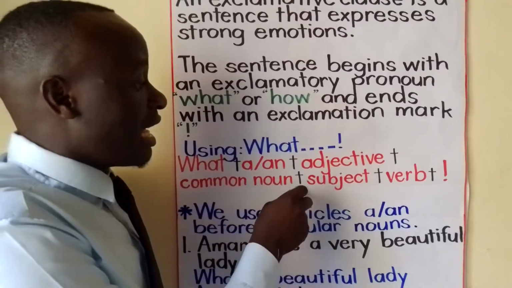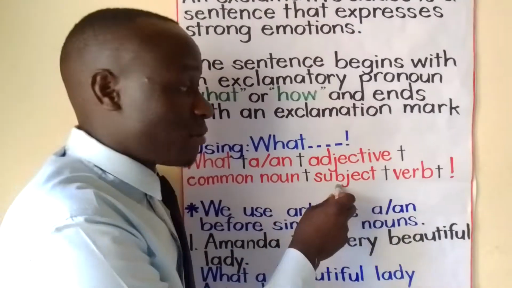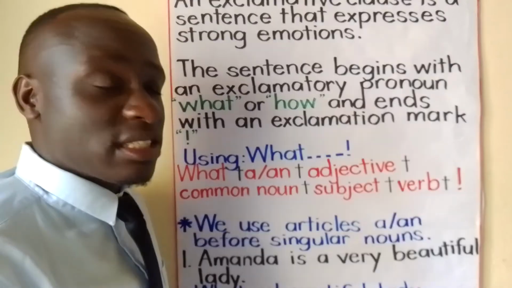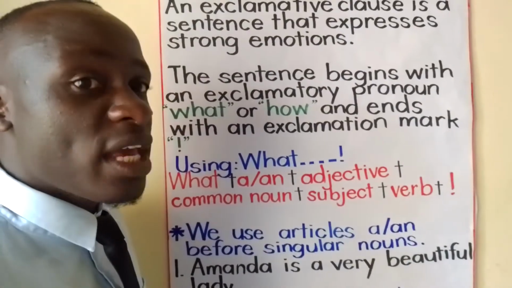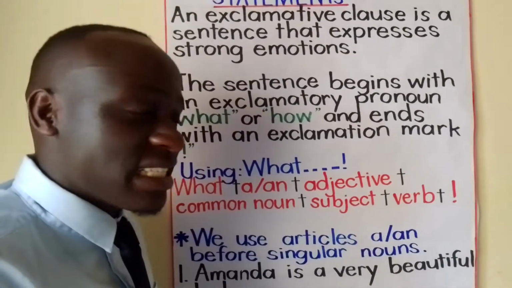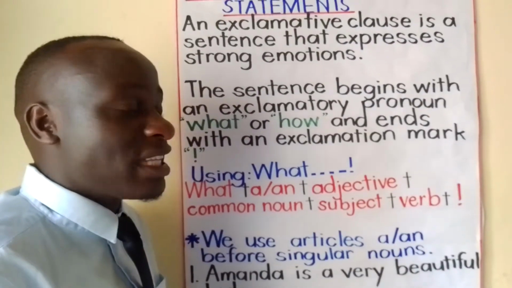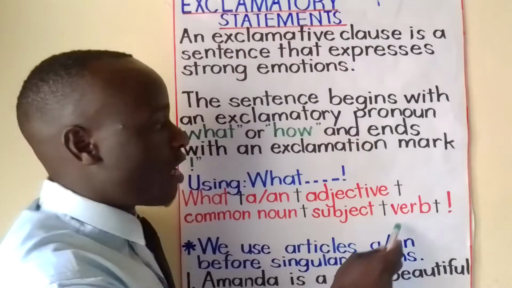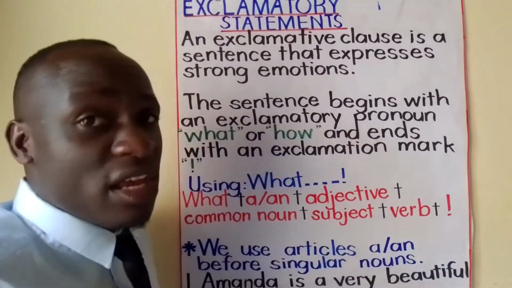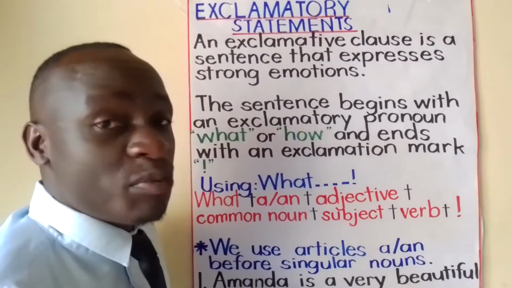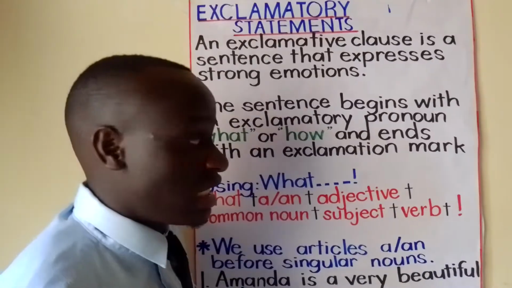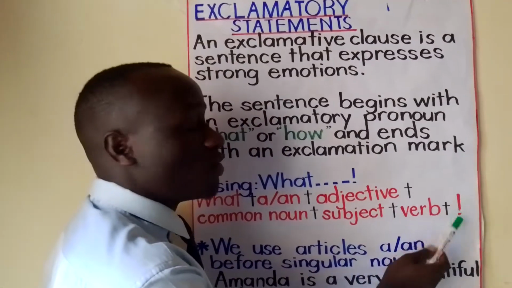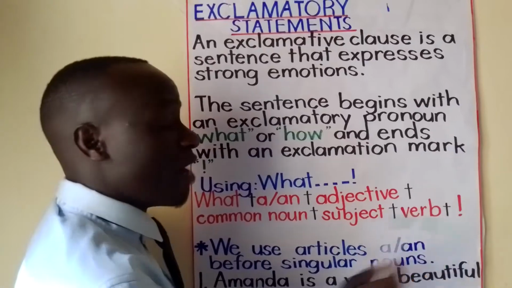Then the common noun is followed by the subject. The subject is what the sentence is about. The subject will be followed by a verb. It can be a main verb or a helping verb, depending on what has been given in the sentence. And finally, we put an exclamation mark.